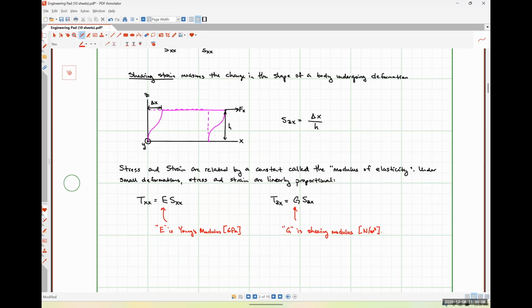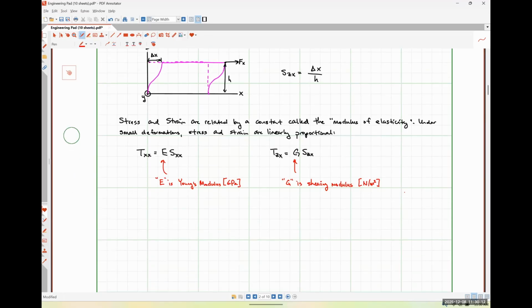And these two constants are related to each other through Poisson's ratio. So we could say that G, our shearing modulus, is going to be equal to E, our Young's modulus, divided by 2 times 1 plus Poisson's ratio.